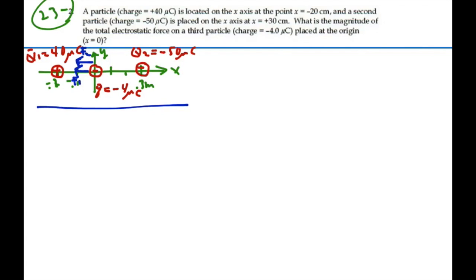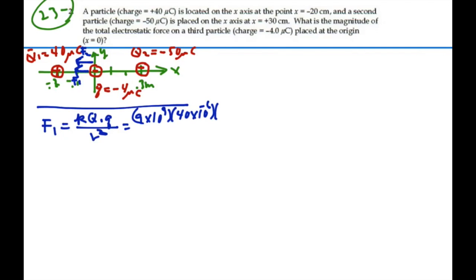Okay. So if we're looking at force F1, that's equal to K Q1 little q over the distance between them squared. K is 9 times 10 to the 9. Big Q is 40 microcoulombs, 40 times 10 to the minus 6.